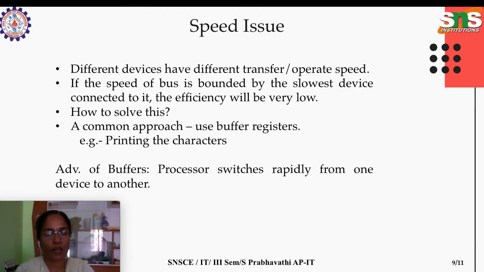So while transferring data between this slow device and the fast device, performance goes down because the high speed processing unit has to wait, is it not? So to solve the issue, the common approach is using a buffer register. Buffer register is one way of resolving the speed difference between the different functional units of the computer system.